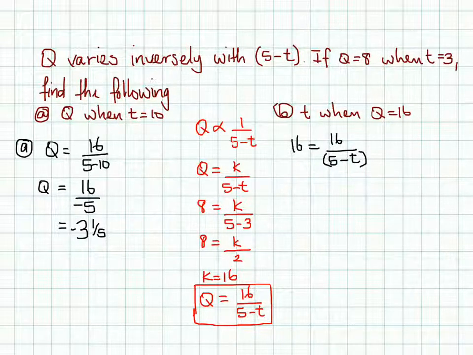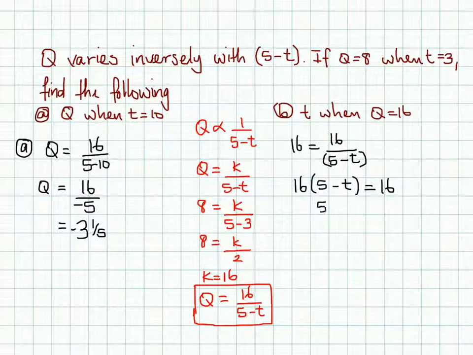And if I multiply the whole thing by 5 minus T, I'll get 16 into 5 minus T being equal to 16. And obviously this 16 is that 16, and this 16 at the top is this 16 here because I've just moved all of this all the way over there. Okay, good. My next job is to divide by 16 because I need to get rid of this 16 here. I want the brackets to be open, so I'm going to divide everything by 16.